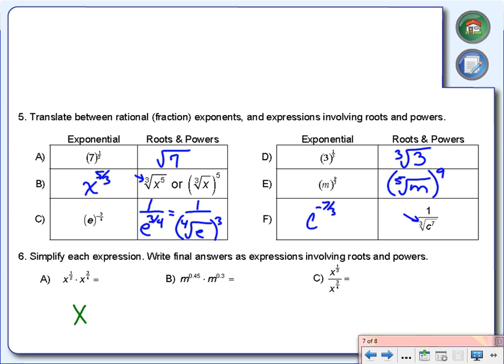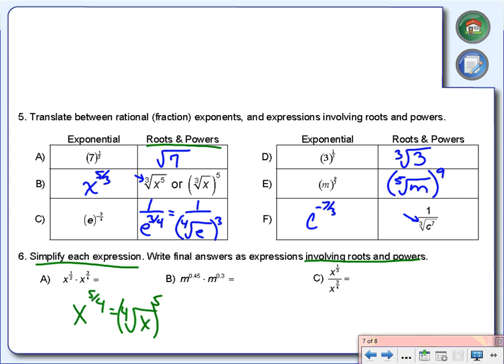Use your math. 5 over 4. So I've just simplified the expression. However, they ask us to write the final answer involving roots and powers. So instead of leaving my answer like this, I'm going to write them in the form of roots and powers. So we're going to use the 4th root of x to the 5th power. That's how they want us to write the answer.